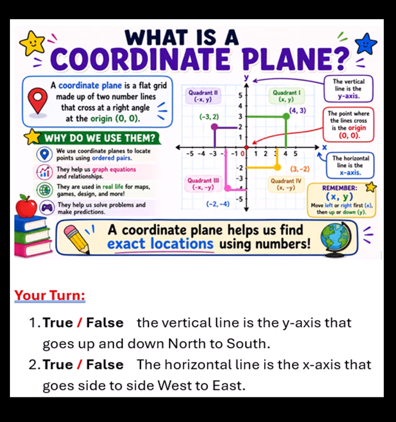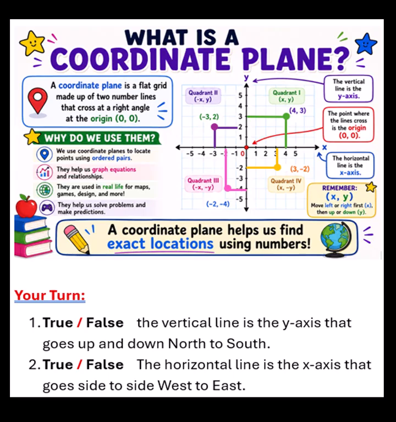What is a coordinate plane? A coordinate plane is a flat grid made up of 2 number lines that cross at a right angle at the origin, 0 and 0. At the origin, the first 0 is x, and the second 0 is y.